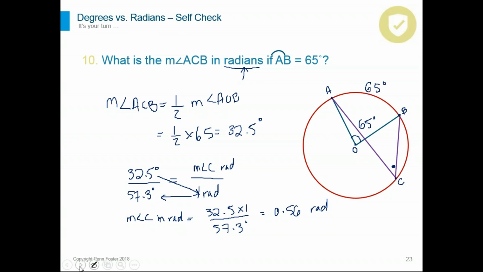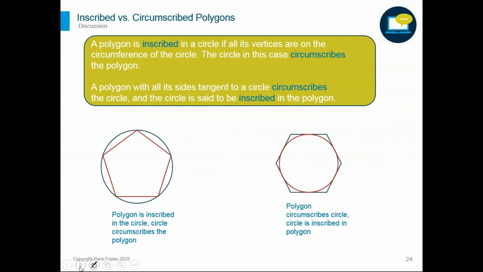The last topic I want to go over, because for some reason, most of the students who took the exam did not know the difference between inscribed polygons and circumscribed polygons. So I thought just to bring that screen here, to give you a quick note on how to tell the difference. In the first figure on the left, the polygon is inscribed.